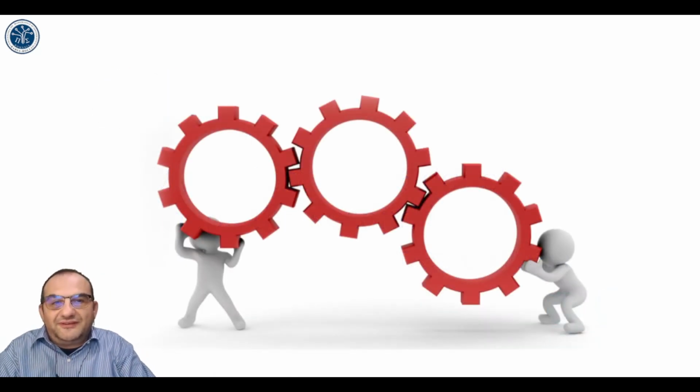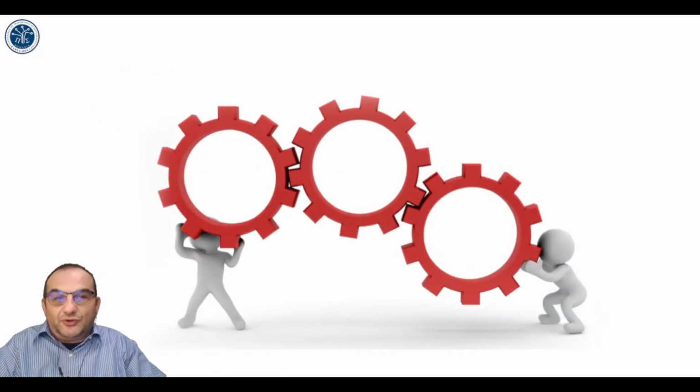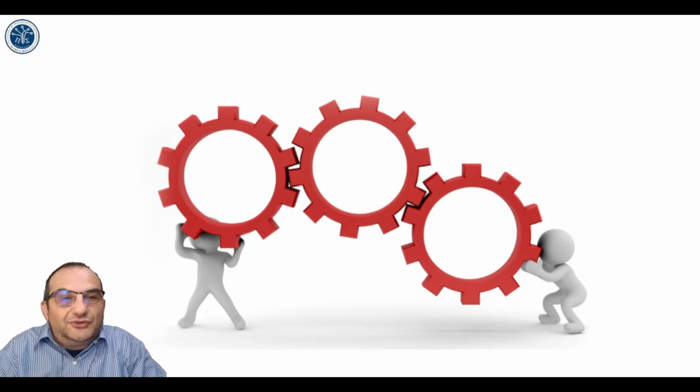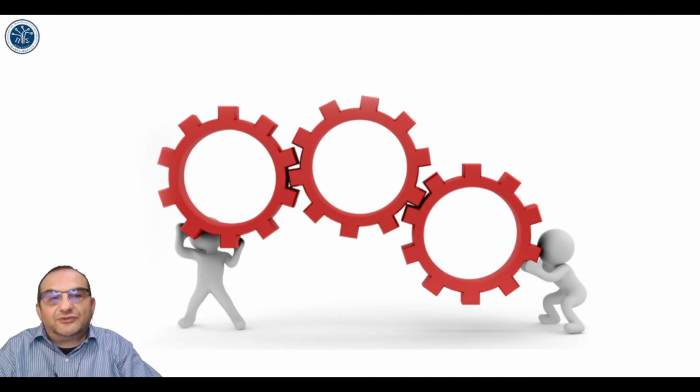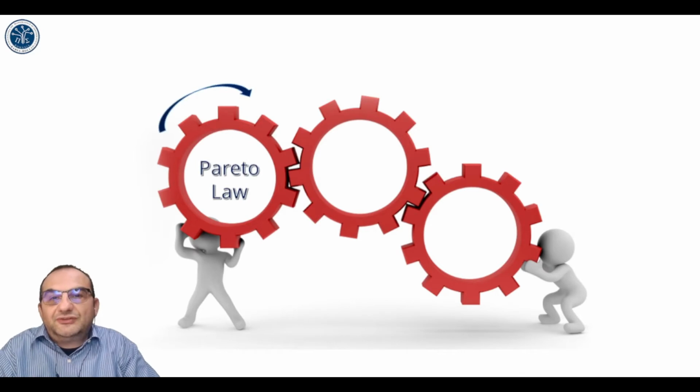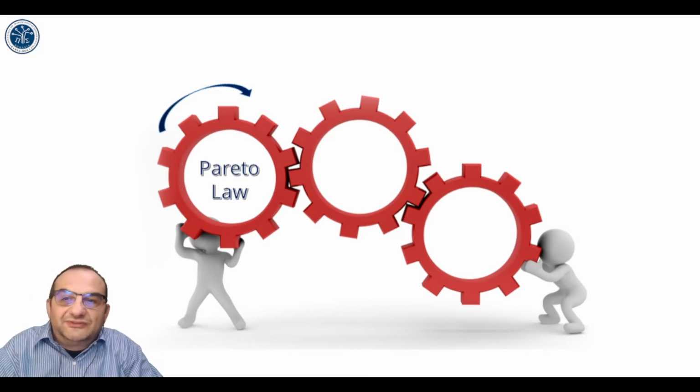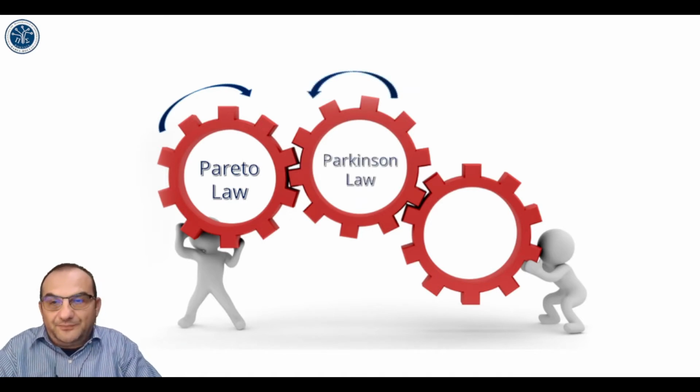First of all, we have this empirical Pareto law. I think you know it very well. This Pareto law says that we are usually finishing 20% of one task in 80% of the time, and 80% of the task in the last 20% of the available time. And this is usually combined with Parkinson's law.